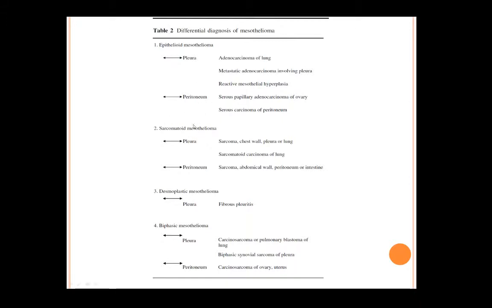The most significant differentials for peritoneal mesotheliomas are serous papillary adenocarcinomas of the ovary and serous carcinomas of the peritoneum.